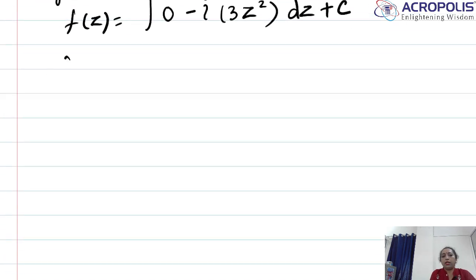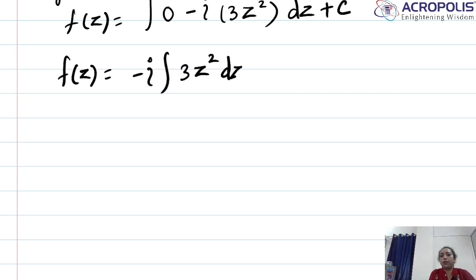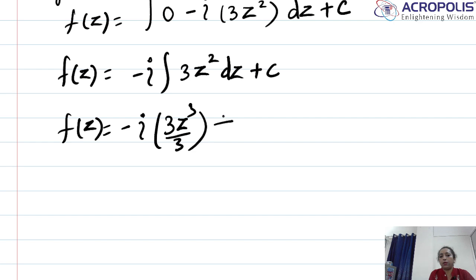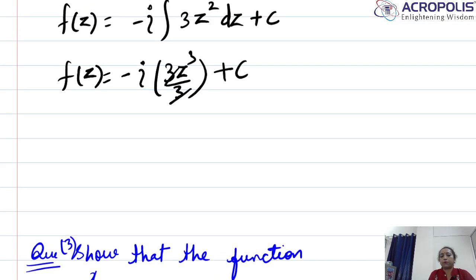Now I am integrating 3z square. The equation will become like this: f of z is equal to minus i times 3z cube upon 3 plus c. So I am getting here f of z is equal to minus i z cube plus c.